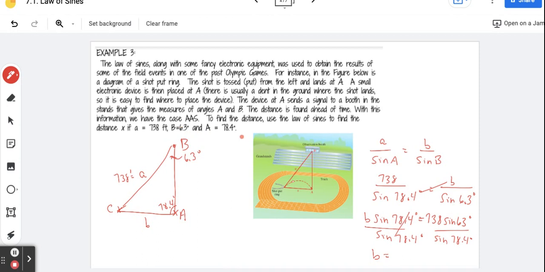Well, if we keep significant digits, we'll go one decimal place. So 671.3 will be the answer, and that is in feet.